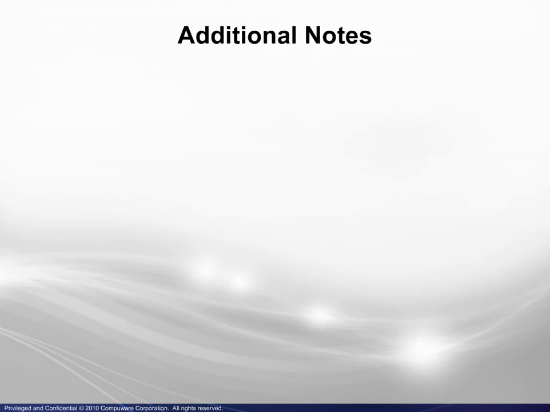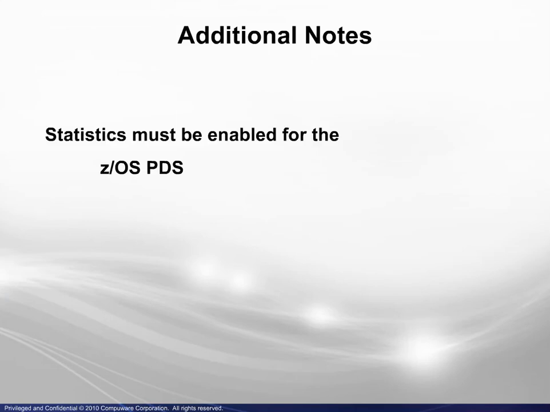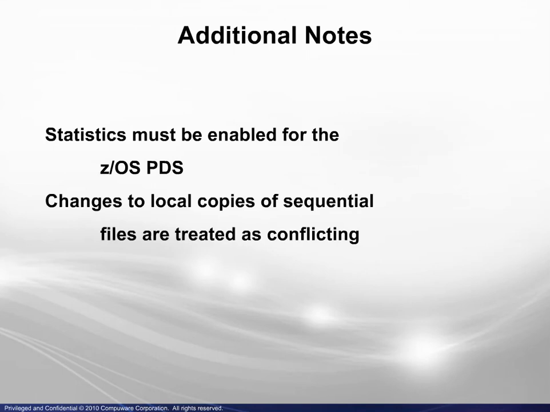Here are some additional notes. Statistics must be enabled for the ZOS PDS because the Workbench uses the last date changed property to determine changes between local and remote resources. Changes to local copies of sequential files are treated as conflicting since the last change date information is not available.